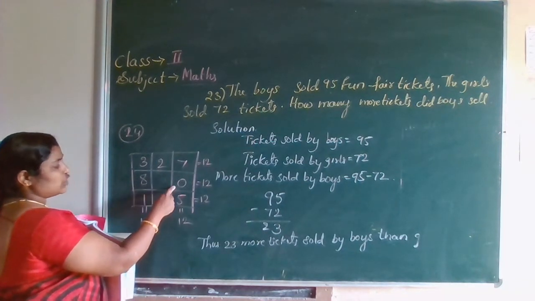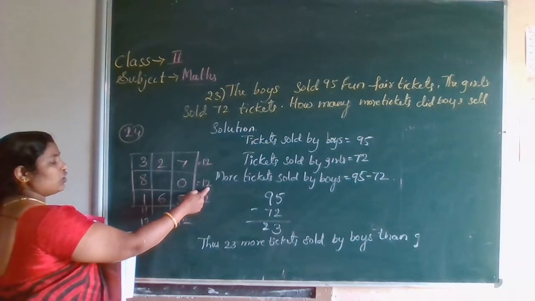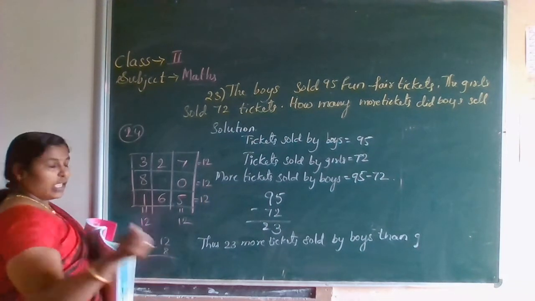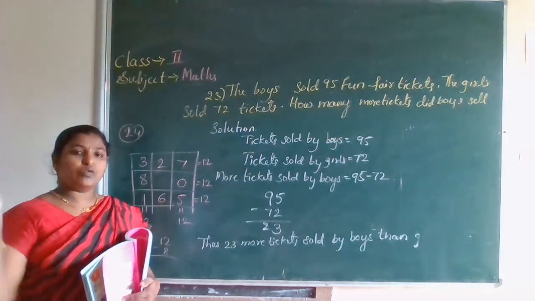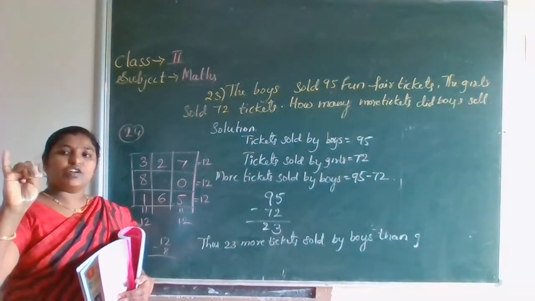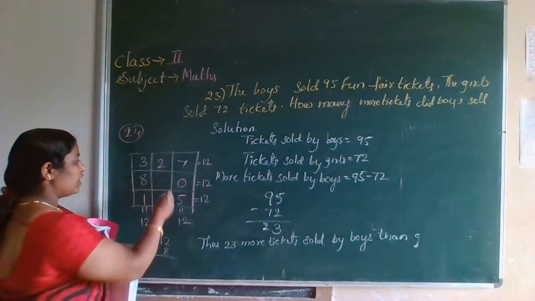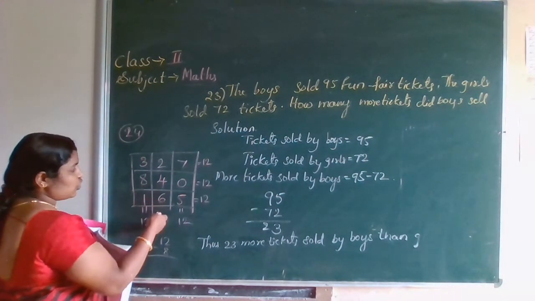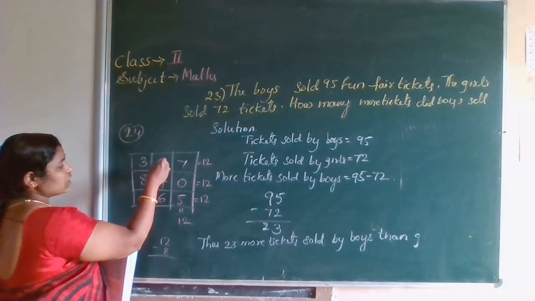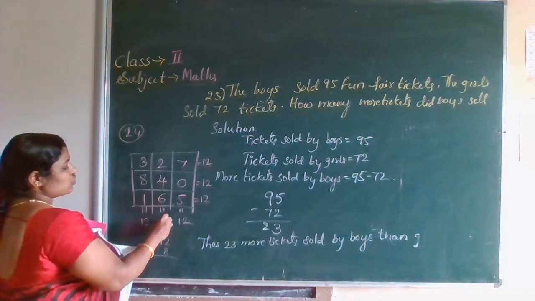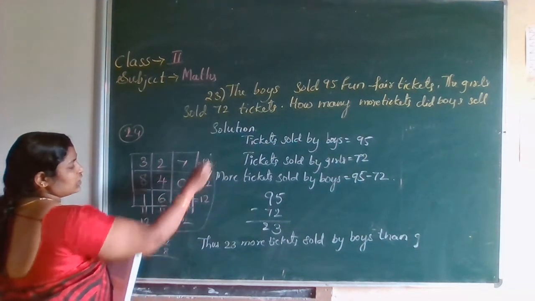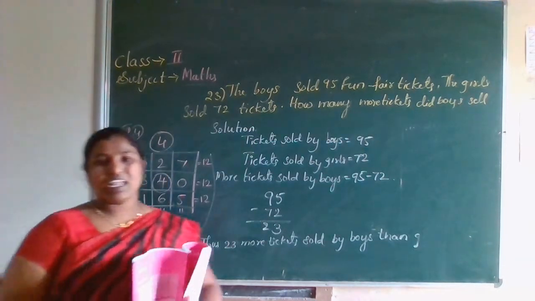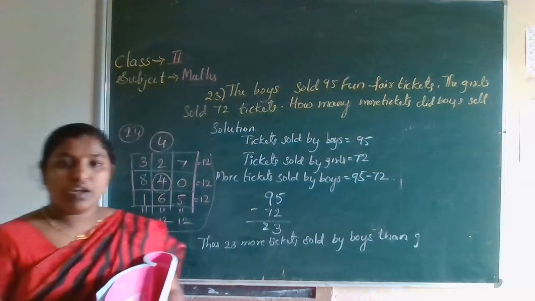So 12 minus 8: leave 8, count up to 12. 9, 10, 11, 12. So 4 fingers. Right, here 4. 8 plus 4, 12. This side also, 4 plus 2, 6. 6 plus 6, this is also 12. See, everything is correct. So the answer is 4. You should write in the middle the number 4.